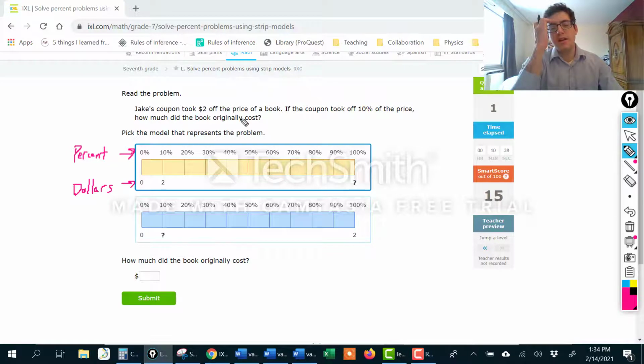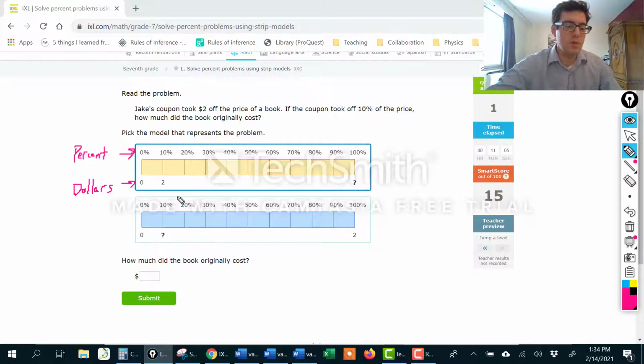But it's not, because $2 is not the new price of the book. That's just the part of the price which was taken off, and then we have to figure out the whole price. It's a little bit tricky, but this is what I would call a find the whole problem.